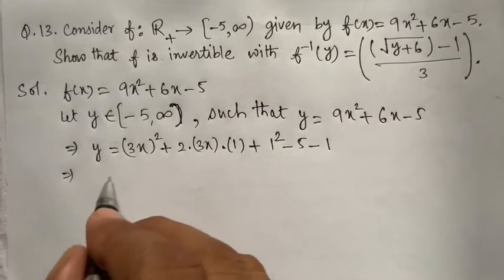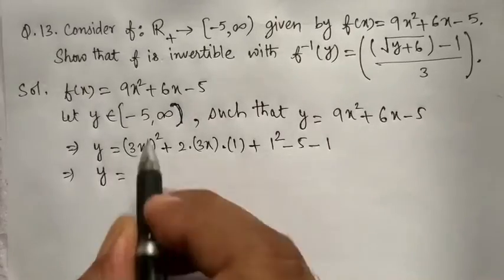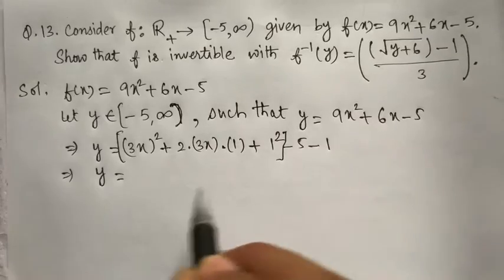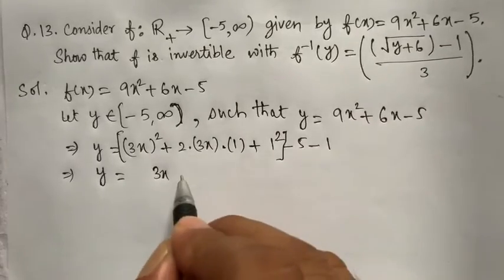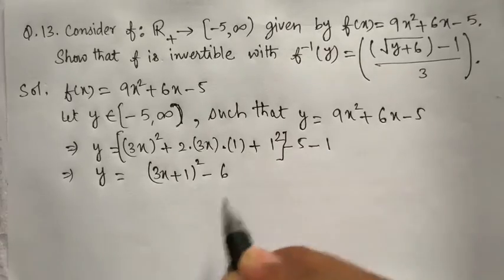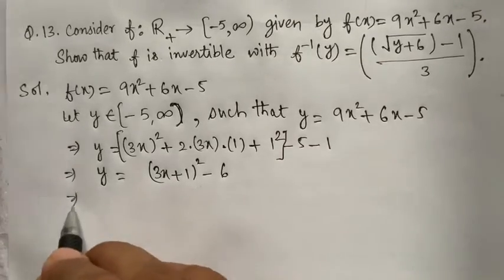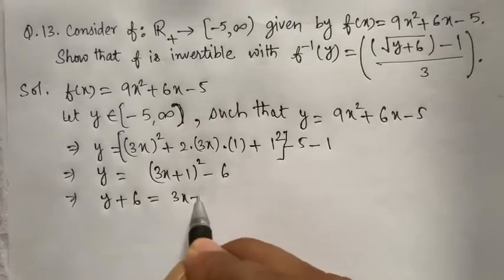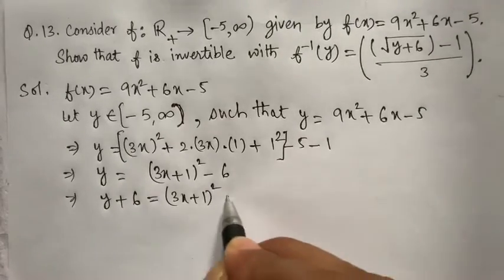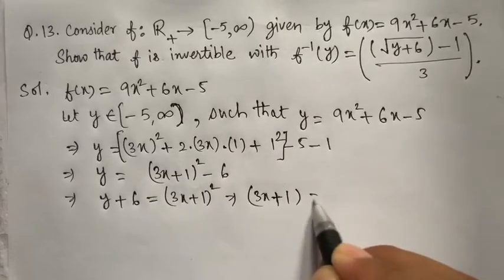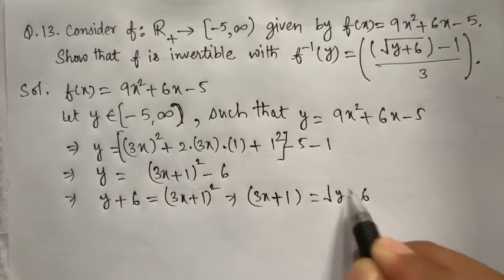So we have y is equal to, now from here to here you can see it is whole square of 3x plus 1, and it is minus 6 there. Now we will bring 6 to the left hand side, and it is 3x plus 1 whole square equal to y plus 6, so 3x plus 1 is root under of y plus 6.